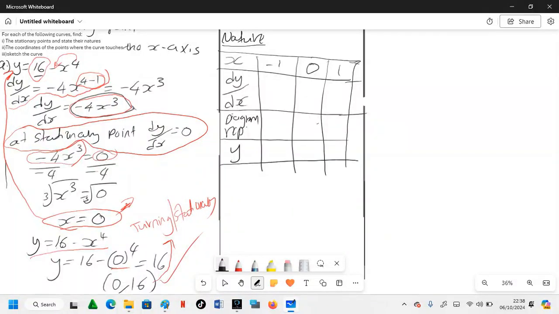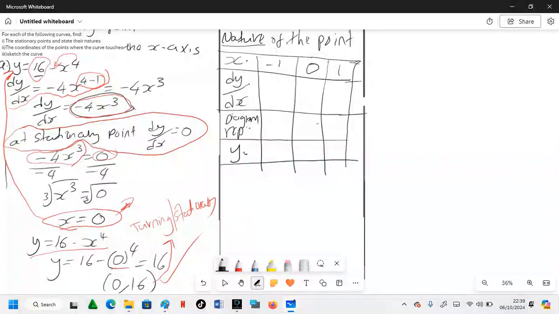The second part of the question requires us to find the nature of the stationary point. And to find the nature, we have two methods that we also discussed in our previous lesson. We have the method where we draw a table like the one we have here, so that you have x and you have dy dx and you have a diagrammatic representation, and I'm bringing in the y so that we use it for sketching, because the third part of the question says sketch the curve, right?